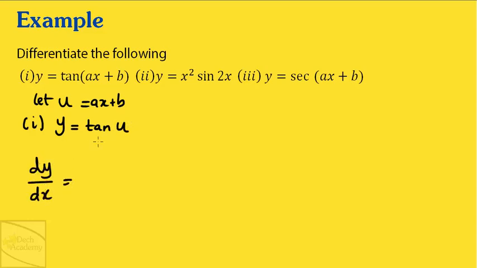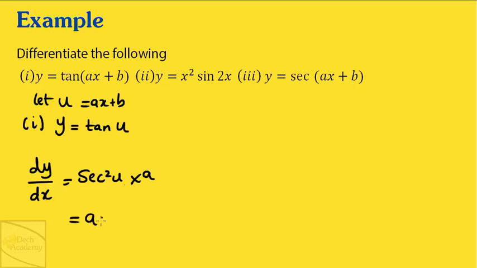Well, it's dy du. If y is tan u, what's dy du? Well, differentiating tan u with respect to u gives sec squared u, just like how differentiating tan x with respect to x gives sec squared x. So times du dx. So differentiating ax plus b with respect to x, that gives a.